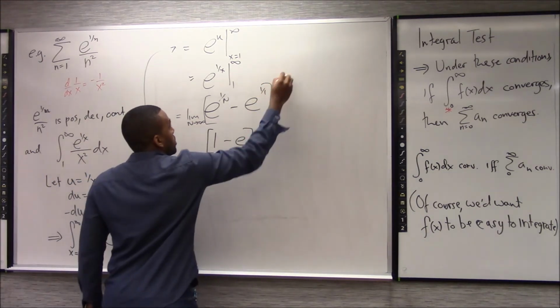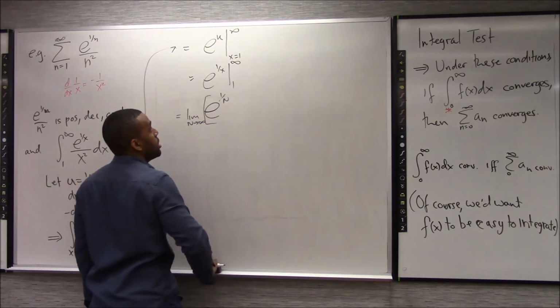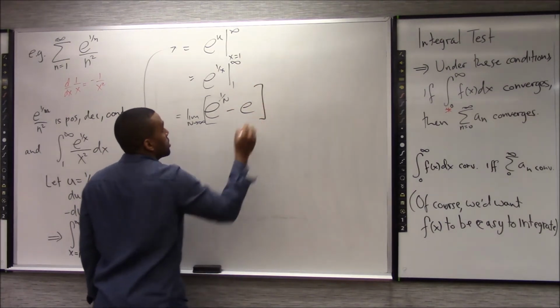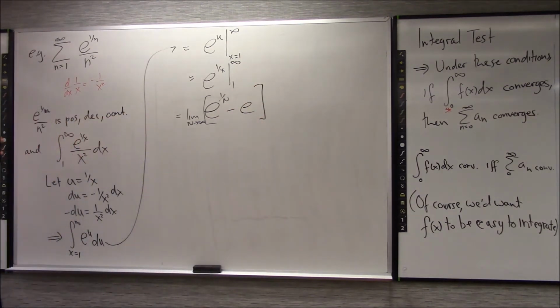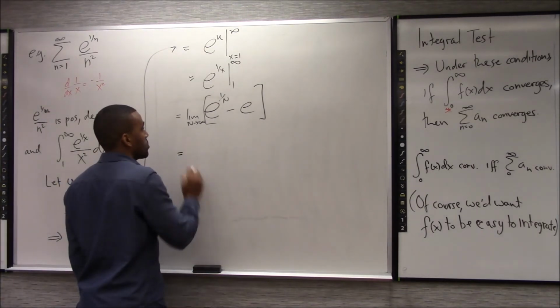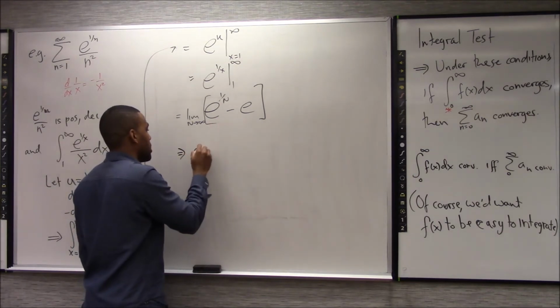Let's plug these in, to n. So if I plug in n, I get this, minus plug in 1, I get that. And so the upshot is that's a number, so it converges.